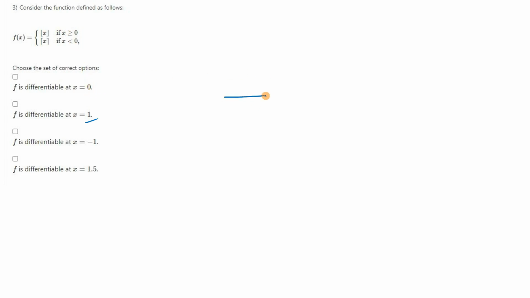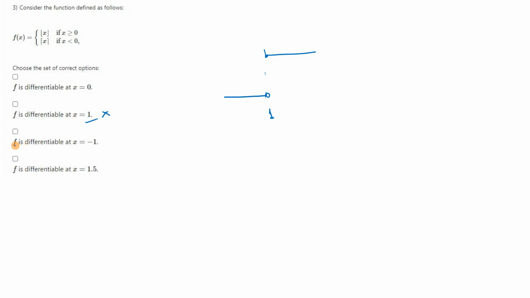It will be something like this, but here at this point the function will not be differentiable. The second option is wrong.